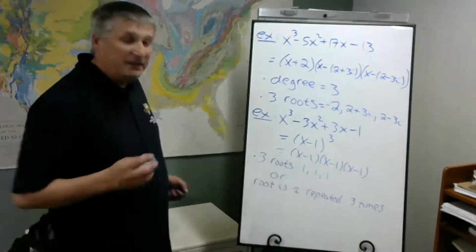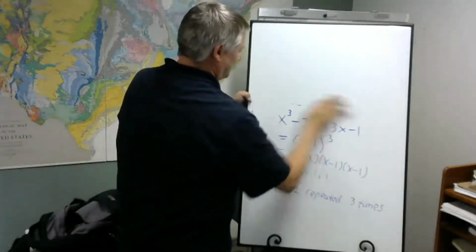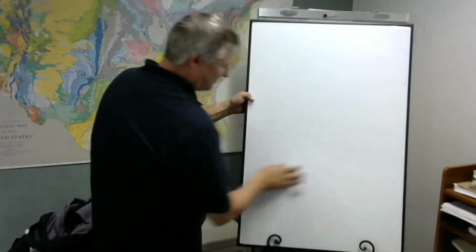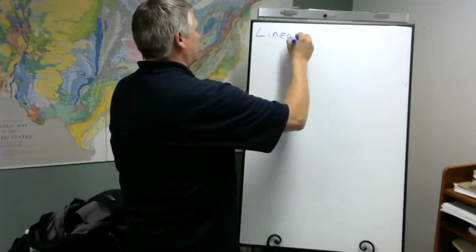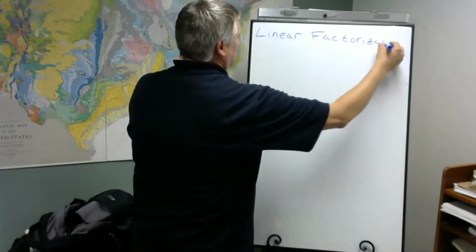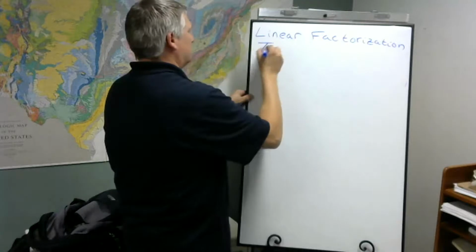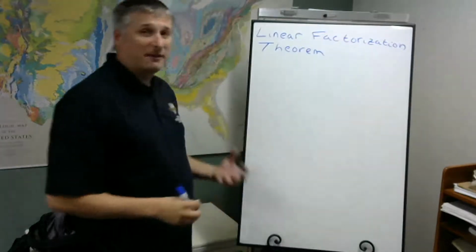So this leads us to the linear factorization theorem. If that's true, and if we know the roots of a polynomial, then maybe we could assemble that polynomial starting with roots. So we have this. Linear factorization theorem.